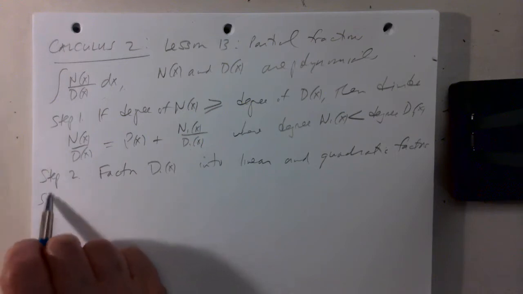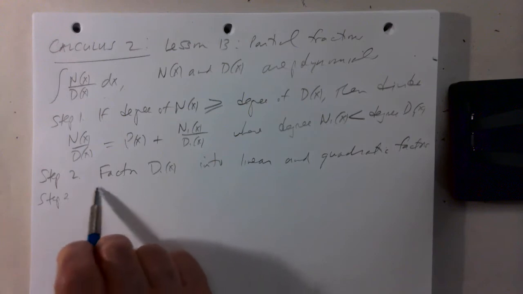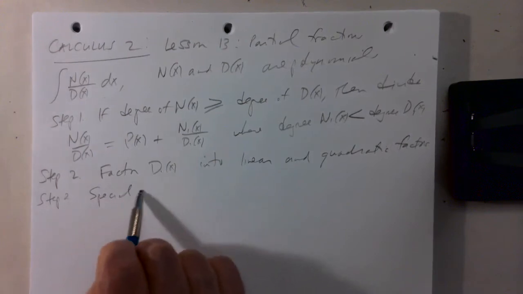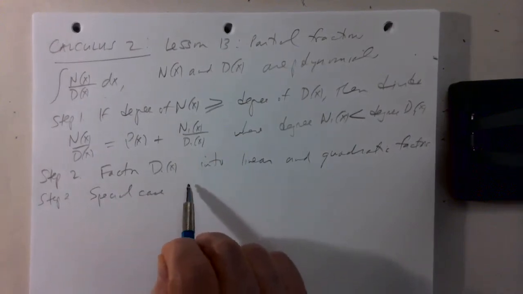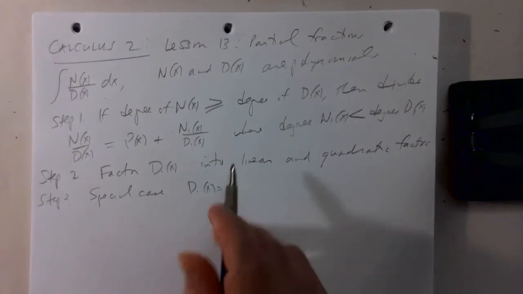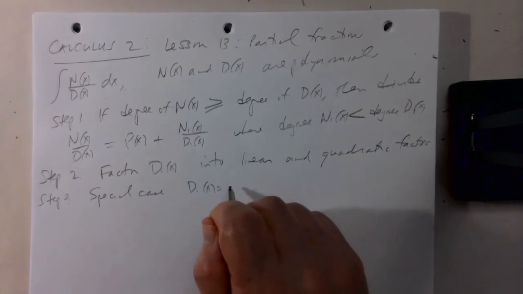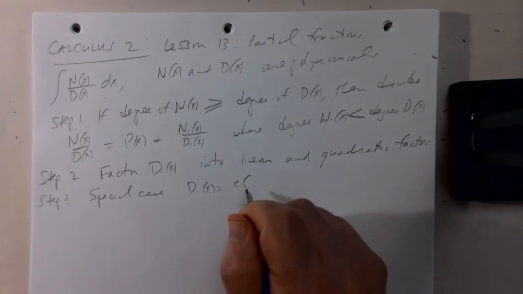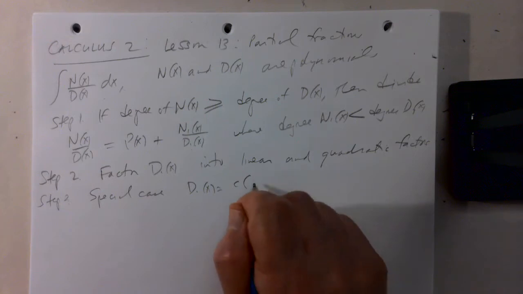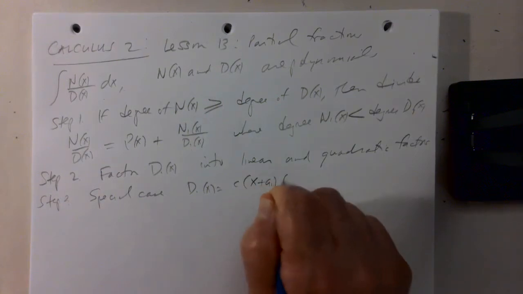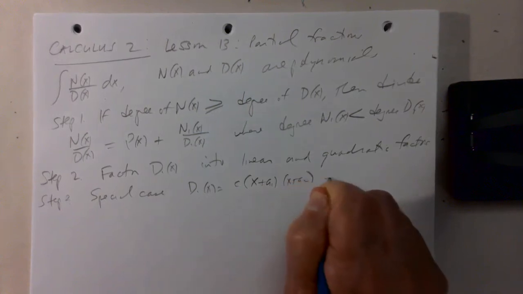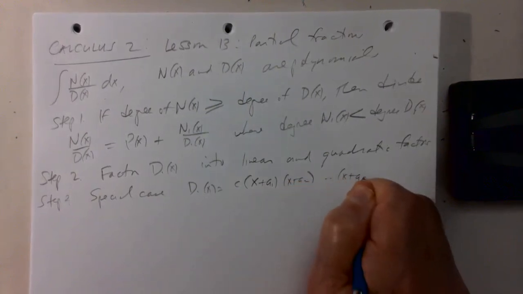And step 3, let's consider first the special case where the denominator is a product of distinct linear factors. Let's just write it as x plus a1, x plus a2, up to x plus ak.